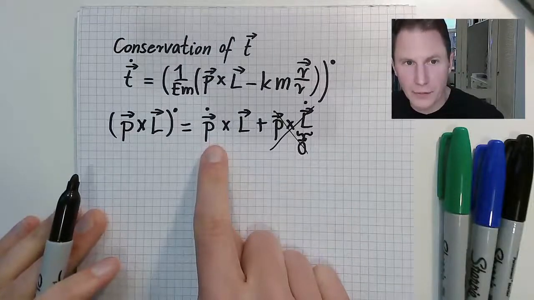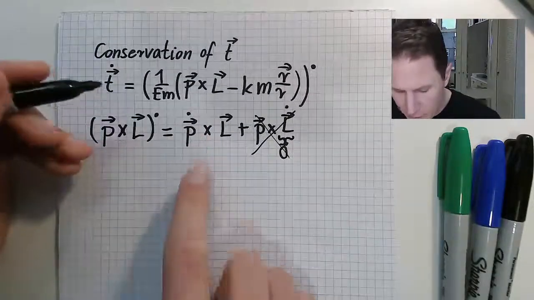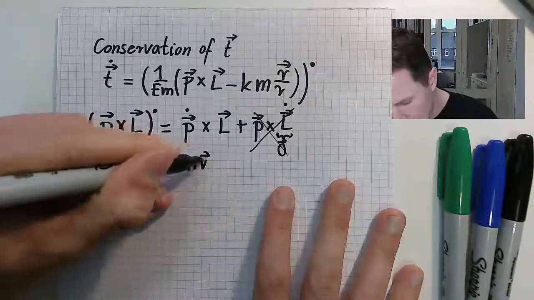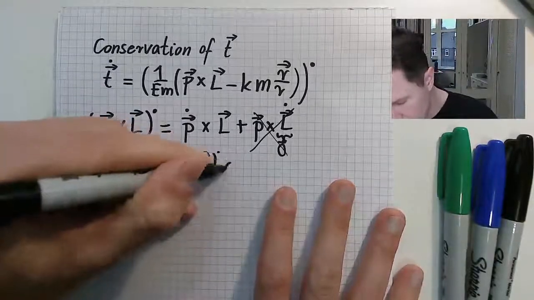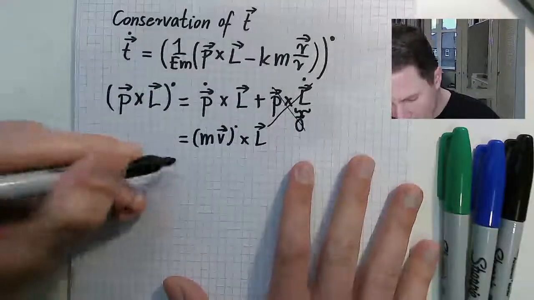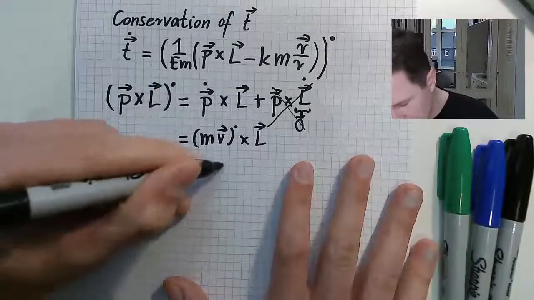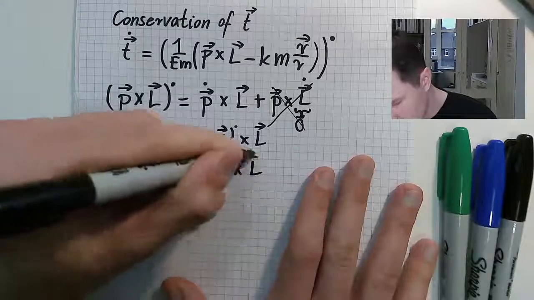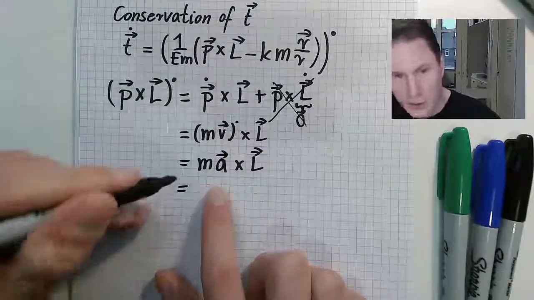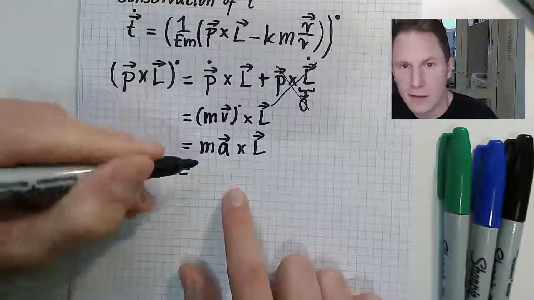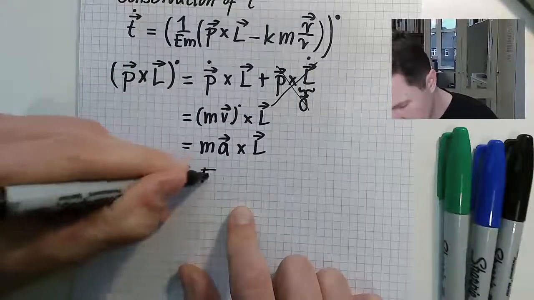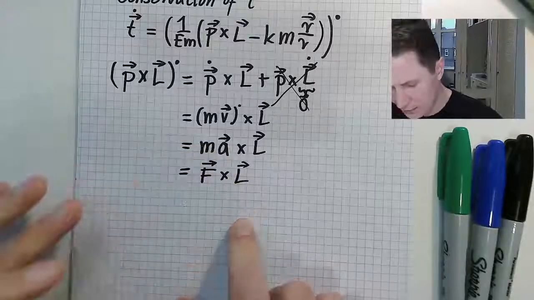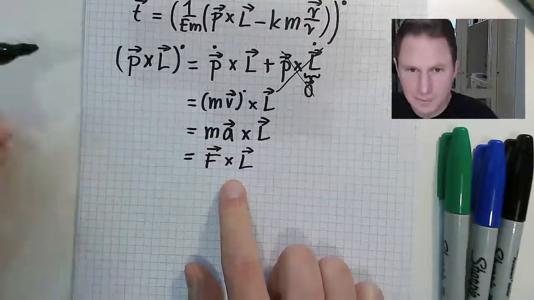What do we get for the first term? Well, remember, p was m times velocity, and we are looking at the rate of change of that crossed with the angular momentum. So that's m times the acceleration vector, ma. So that's the force, right? So that's going to give us the gravitational force F crossed with the angular momentum L.